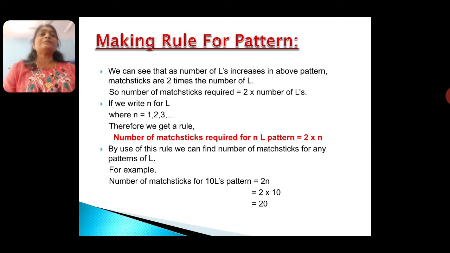Number of matchsticks required for N L pattern is equal to 2 into N, where N is the number of L's. By use of this rule, we can find number of matchsticks for any L pattern. For example, number of matchsticks for 10 L patterns is equal to 2 into N equals 2 into 10, 20.